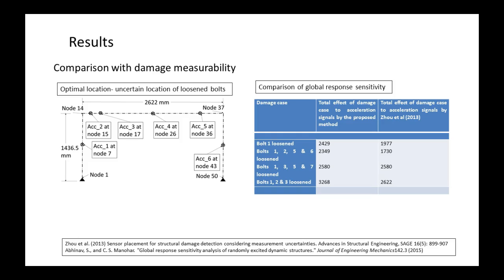We saw that the higher the total effect, the more sensitive it is to the damage case. In our algorithm, the total effect for all the damage cases is higher than in the existing algorithm. So we could say this algorithm performs better than the existing algorithm at identifying the end connections.